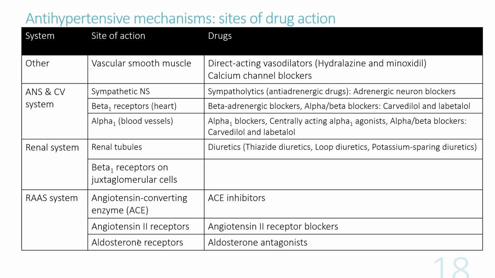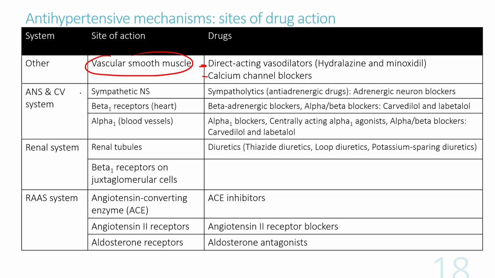This is an overview slide, basically just giving you an overview of the different drugs that are used to treat high blood pressure. So you see over here, some drugs act directly on the vascular smooth muscles. Those drugs are calcium channel blockers that we talked about before, and vasodilators that we're going to talk about next week.